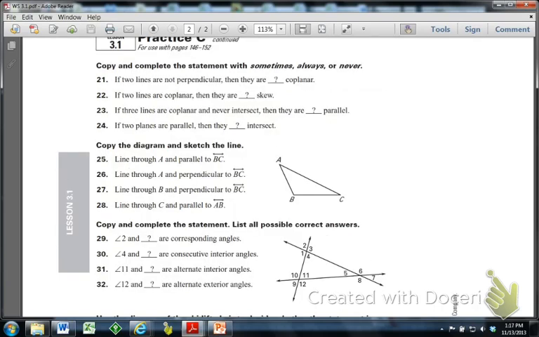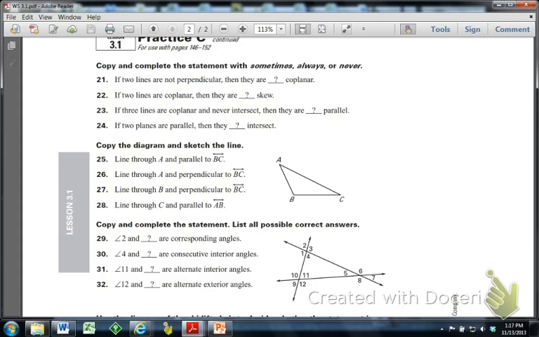Okay, numbers 21 through 24, copy and complete the statement with sometimes, always, or never. Number 22, if two lines are coplanar, then they are sometimes, always, or never skew.